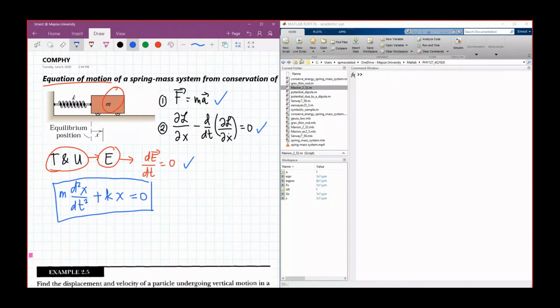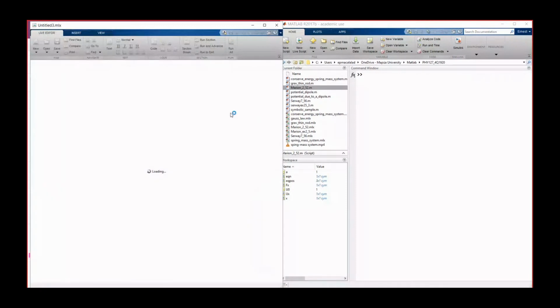So let's have a new script. This time we're going to use a new live script so that we can see the equations better.